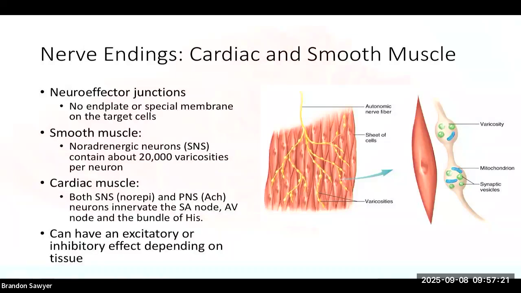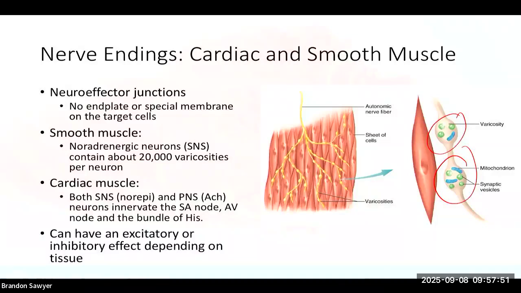In cardiac and smooth muscle, we have these neuroeffector junctions where we have lots of little bumps in the neurons with a bunch of vesicles and mitochondria right there. And so we can release neurotransmitter along the whole line of the neuron, not just at the end, right? And that's a nice way when we have this big sheet of smooth muscle along a blood vessel or along our digestive tract, we can release neurotransmitter all along where that neuron interacts with it, okay?